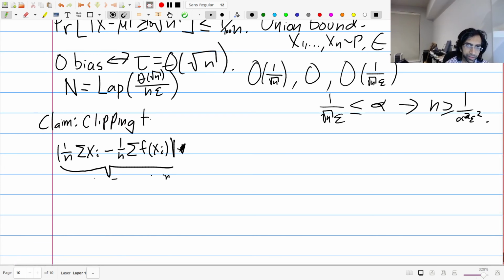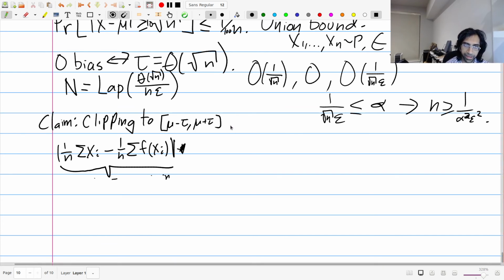Clipping to, say, mu minus tau, mu plus tau, gives, what do we get? Sorry, I guess what I'm trying to say is how much bias, how much error is introduced by this clipping operation if we clip to this interval.